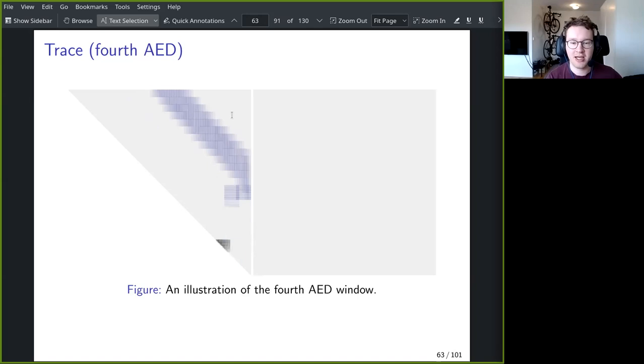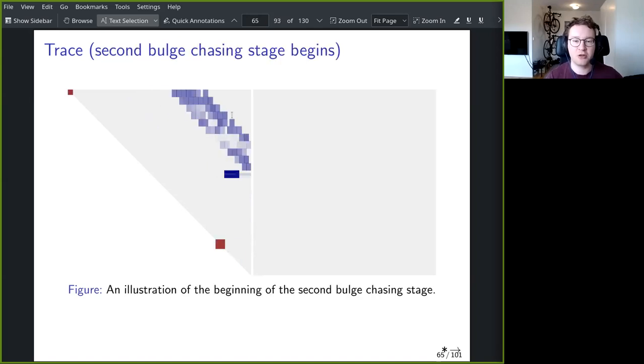And we will end up reaching a point where we start the next bulge-chasing step. So this is the first bulge-chasing window from the second bulge-chasing step. This is the reduction that happens after you have done the AD. And you can still see that we have some of the low priority right-hand side updates occurring from the previous bulge-chasing step.